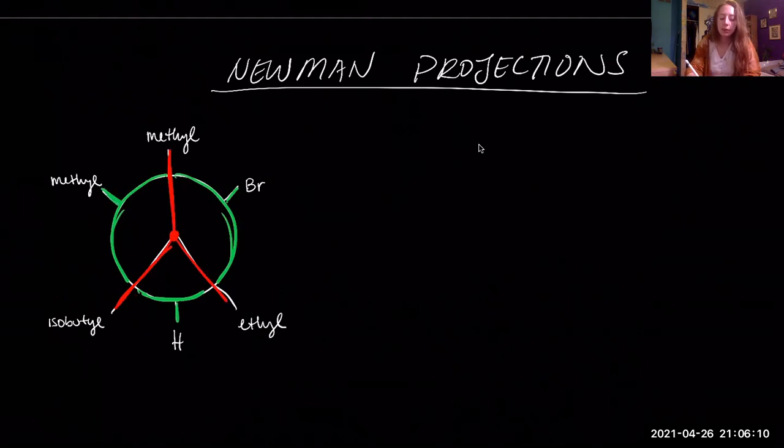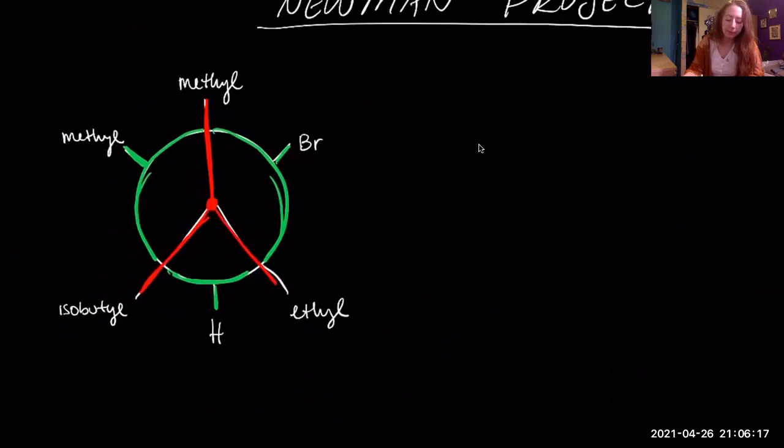Okay, so here we're going to draw out what this molecule looks like, okay? By the way, for high energy Newman projections, we're going to want to depict it as eclipsed. So that means everything is overlapping each other, as well as having the largest groups overlapping each other, which creates a lot of instability.